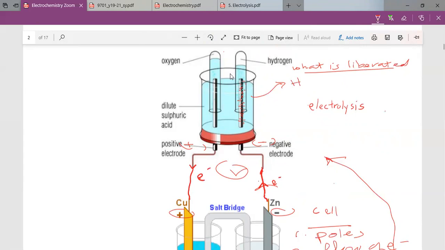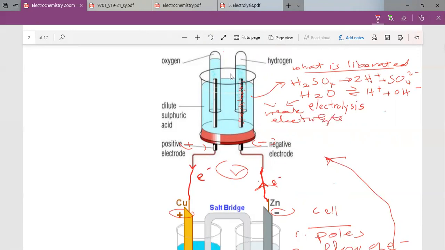Here's your H2SO4, which ionizes as an acid to give H+ and SO4 2-. Now in Form 5 you learn that the water also will ionize, but now in your Form 6, OH-, this is a very, very weak electrolyte.